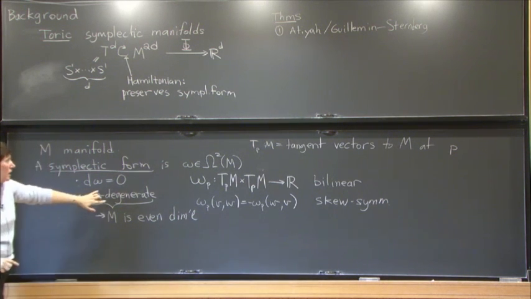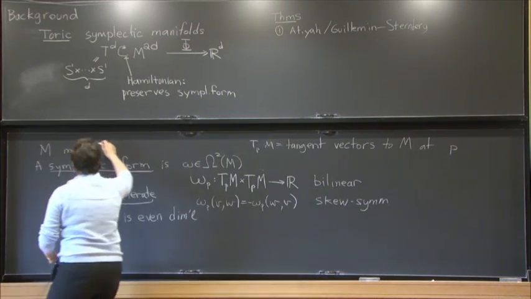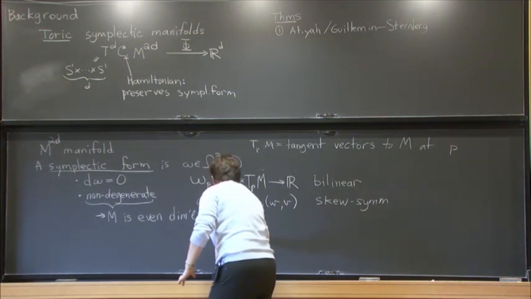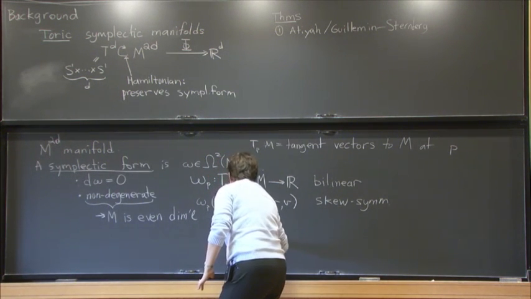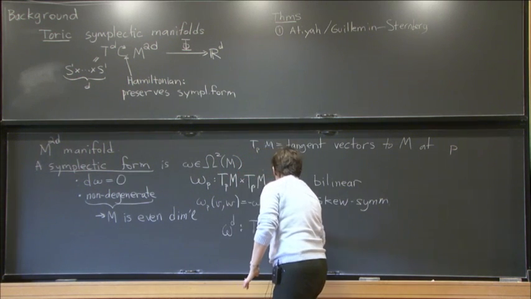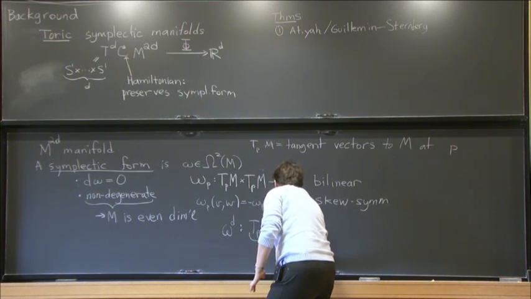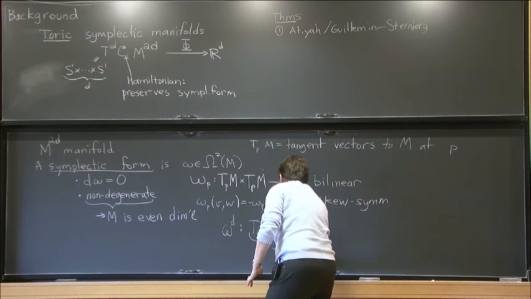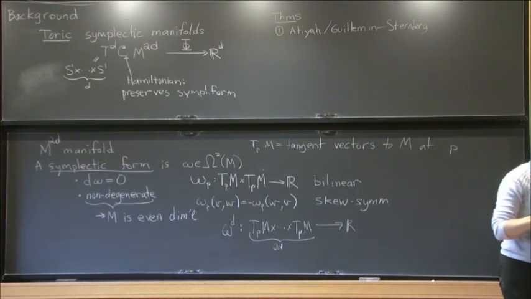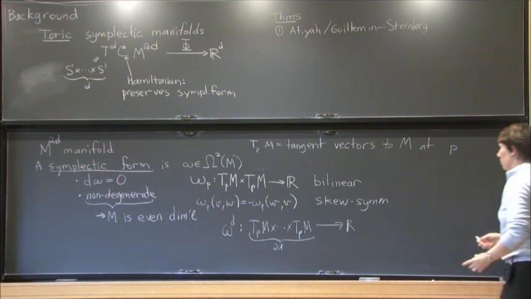The other thing it says is if I take a top power, so let's say M is 2D dimensional, then omega to the D goes from the top power of TpM to R. Really, because it's anti-symmetric, it goes from the top exterior algebra.